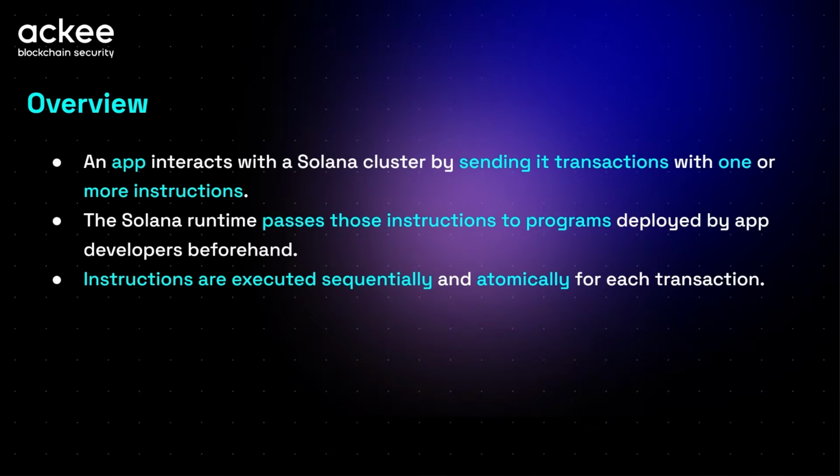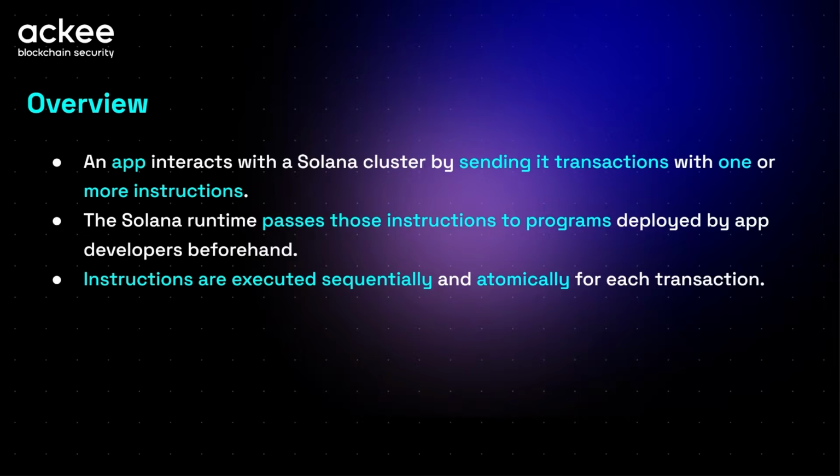What is also important is that instructions are executed sequentially and the transaction is atomically evaluated. That means if a transaction contains multiple instructions, the instructions are executed one by one, and the transaction cannot have a state in the middle.